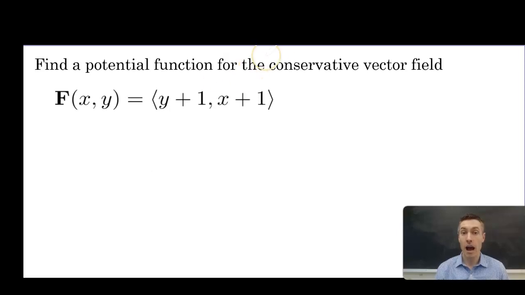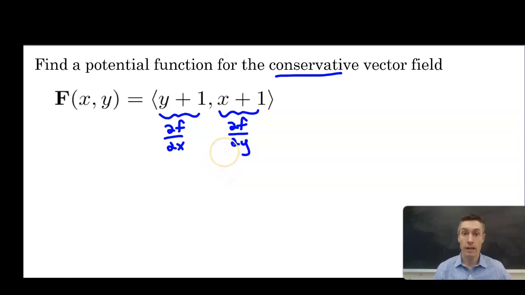So first thing, I am telling you that this vector field is conservative so that we know there is a potential function. That's going to be a skill we develop. And if it is a conservative vector field, that means this was the partial of that potential function with respect to x, and this was the partial of that potential function with respect to y.